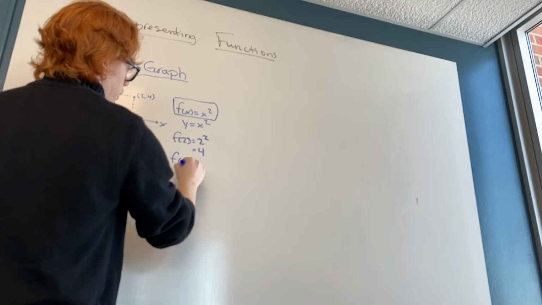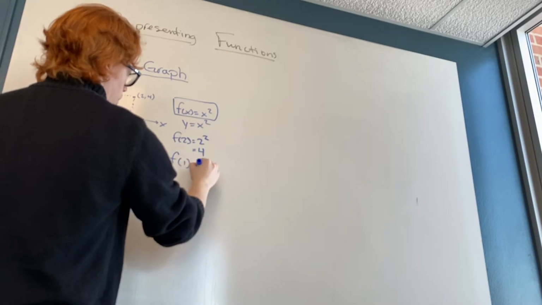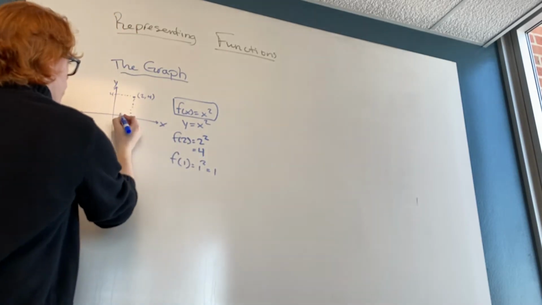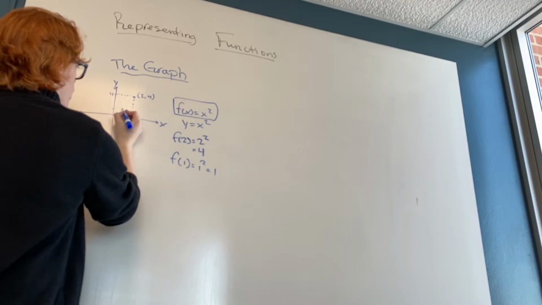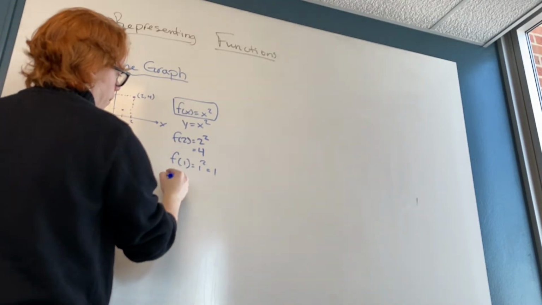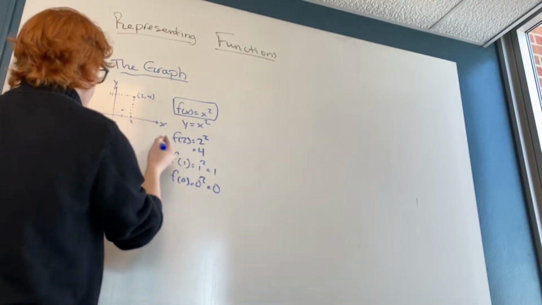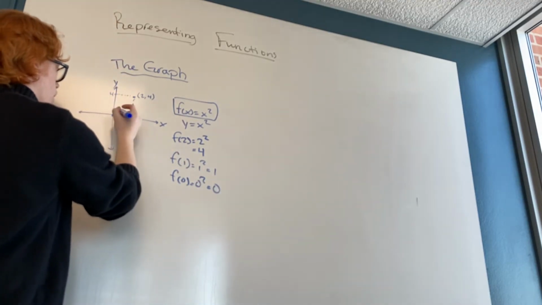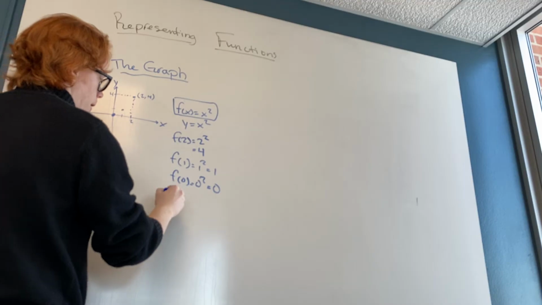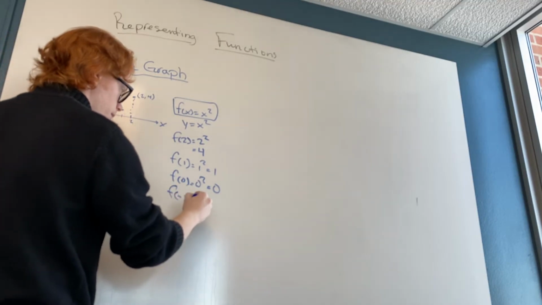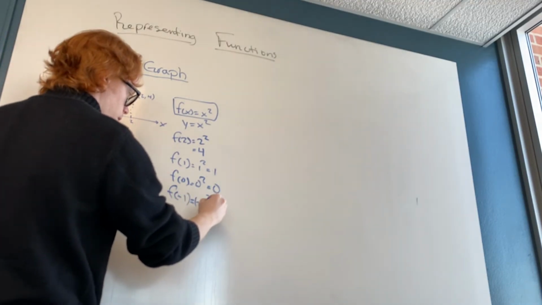But f of 1 is equal to 1 squared, which equals 1. So at 1, we've got 1. f of 0 is equal to 0 squared, which equals 0. We get this. And then f of negative 1 is negative 1 squared, which equals 1.